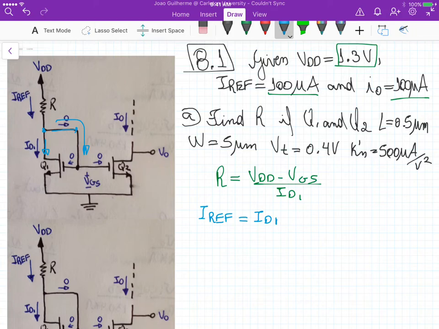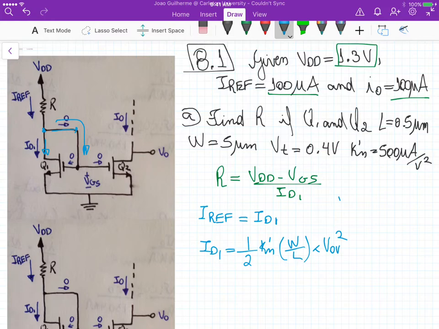So if we assume that it's operating in the saturation mode, and that's required for this current mirror, we know that ID1 is equal to 1/2 of the process transconductance times the aspect ratio times the overdrive voltage squared.